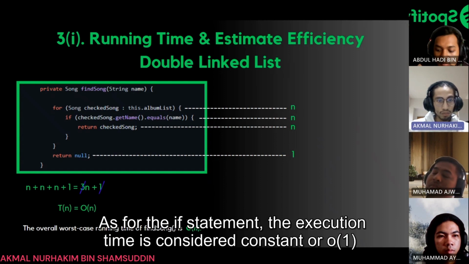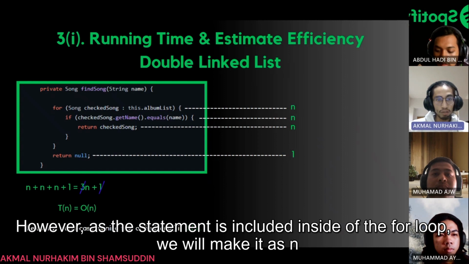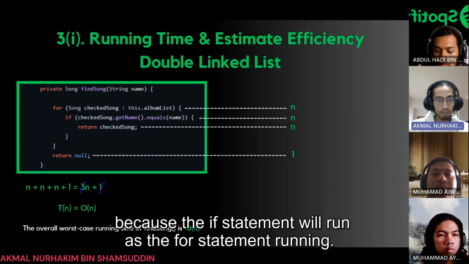As for the if statement, the execution time is considered constant, or O(1), because the function will always have a fixed number of choices. However, as the statement is inside the for loop, we count it as n because the if statement will run as the for statement is running.